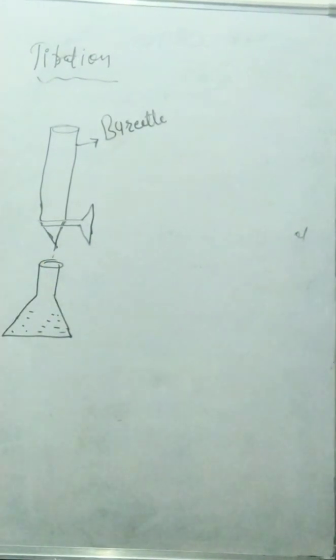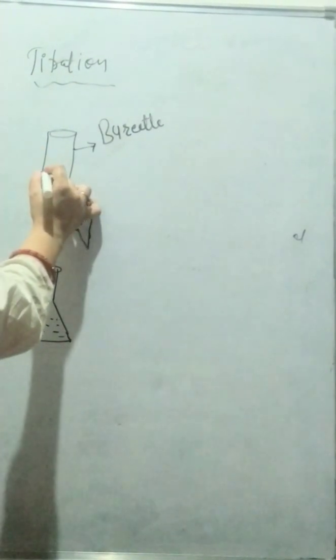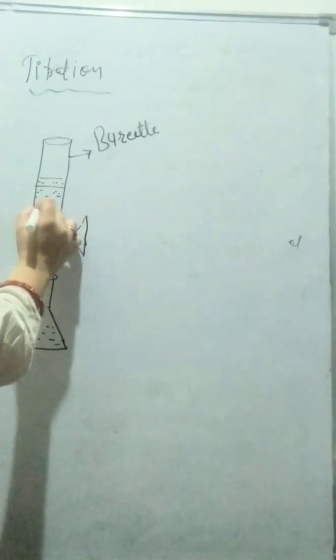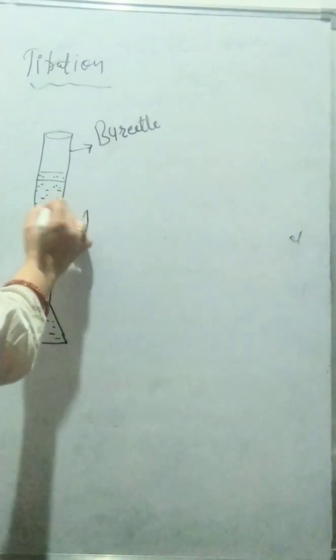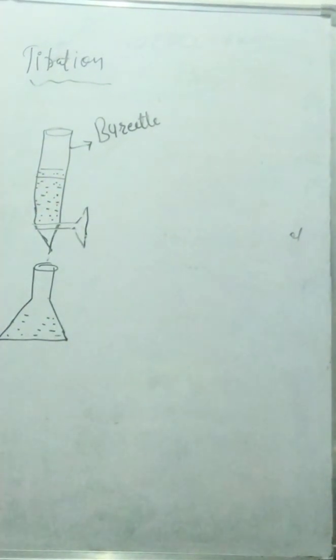Okay, this is conical flask. So, like the definition, we have two solutions. We have one solution in this burette and the other solution in this conical flask.